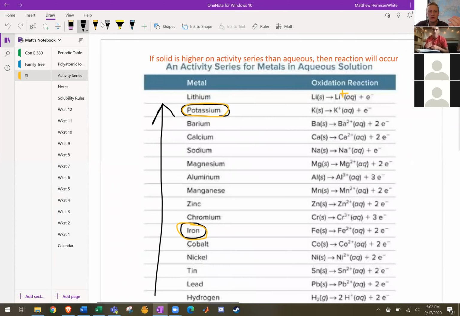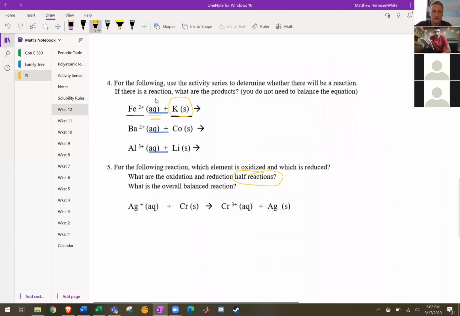So remember, in our problem, potassium was a solid and iron was aqueous. Therefore, the potassium is higher on this list, therefore a reaction happens. So we say yes, reaction.